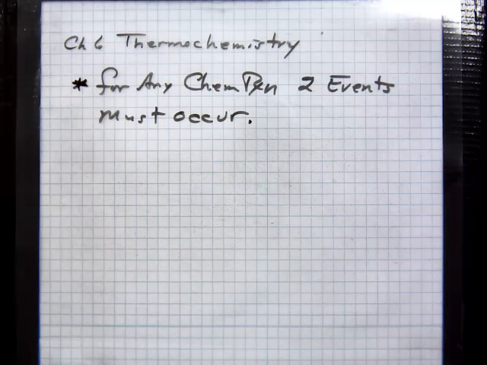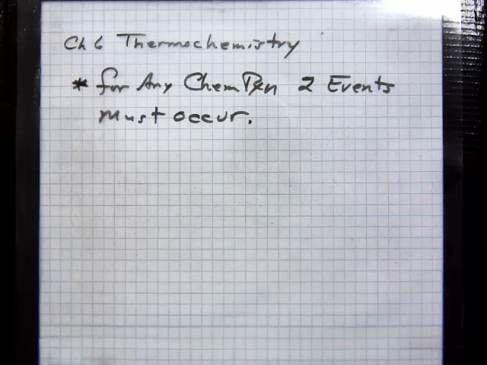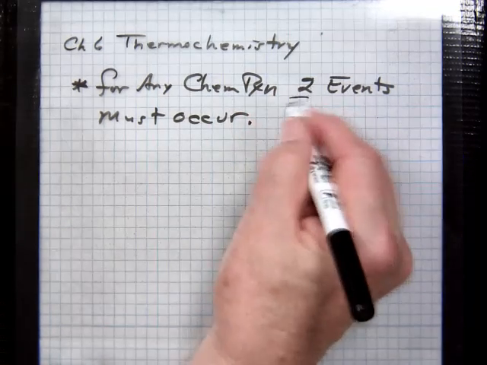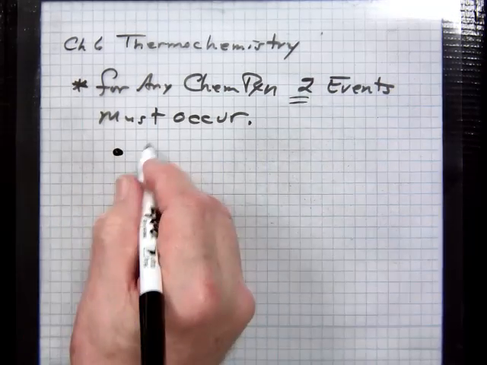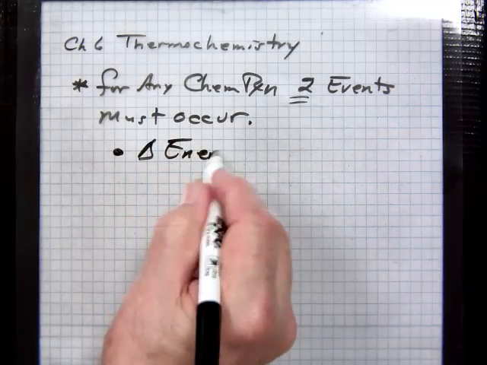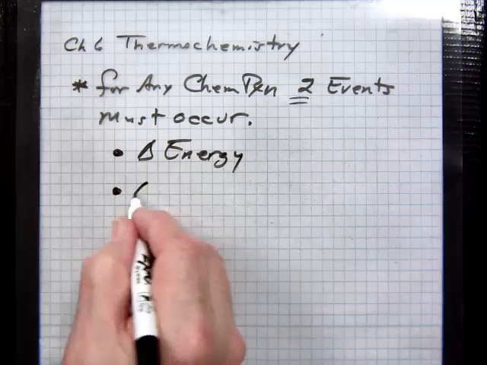This is the foundation, the statement of thermodynamics right here. For any chemical reaction to occur, two events must occur. One, a change in energy, and two, a change in state of order.